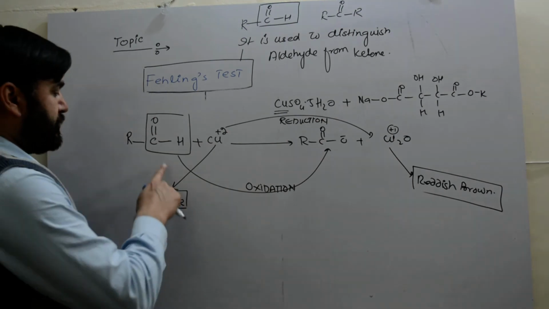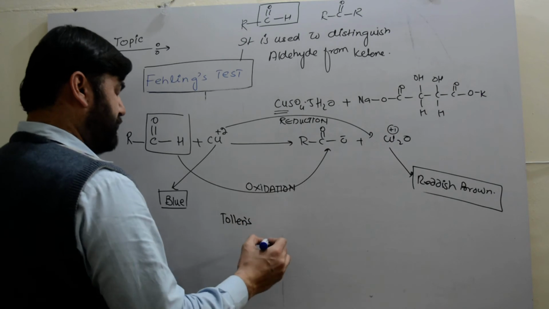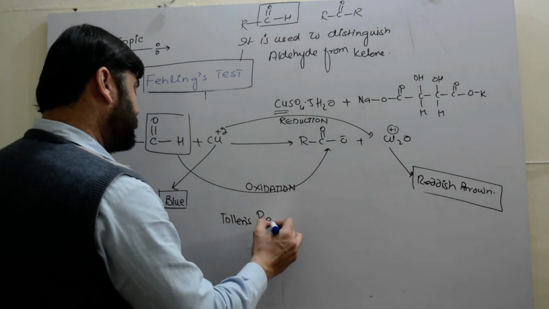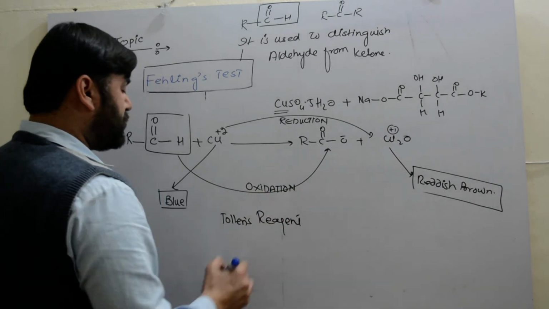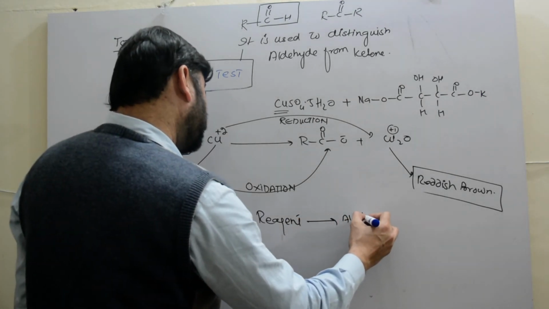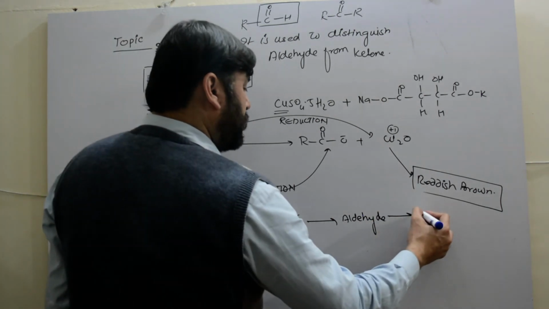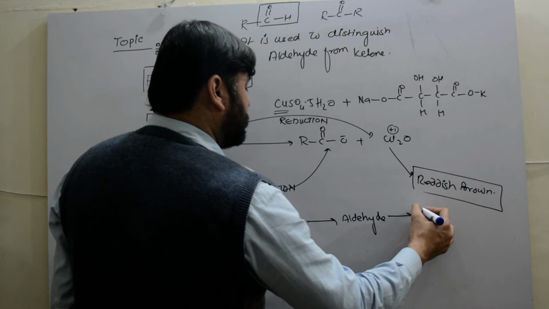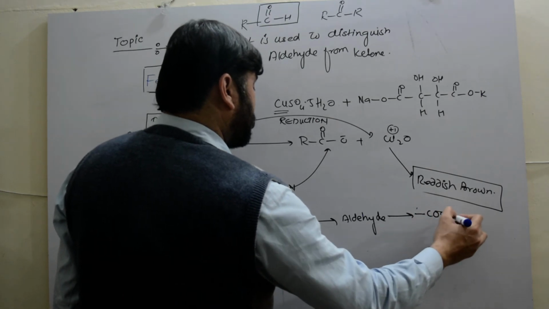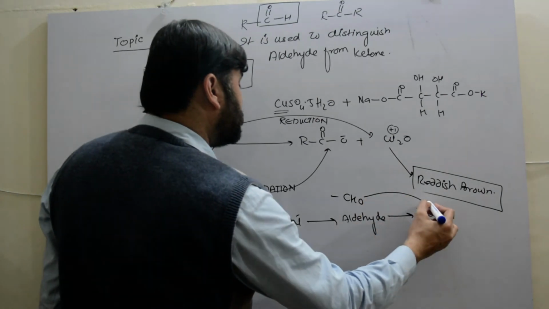Like Tollens' reagent, which we discussed in the previous video as well, only aldehyde changes into carboxylic acid. This CHO changes into C double bond OH.